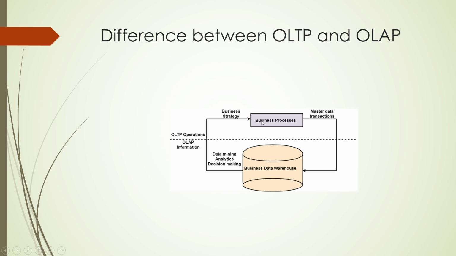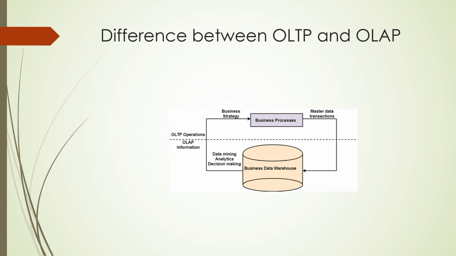The primary significance of OLTP operations is to put through very rapid query processing and maintain records, with an efficient number of transactions per second.